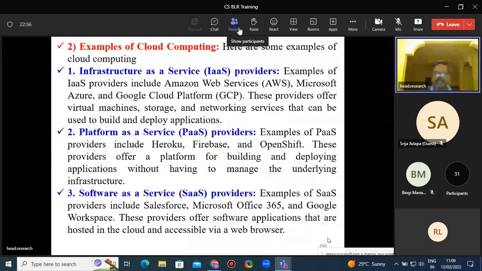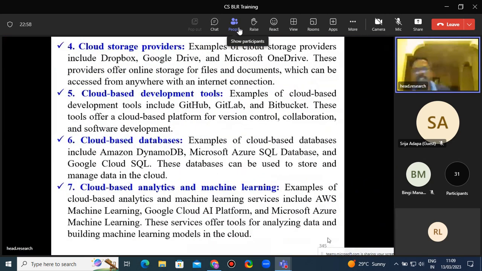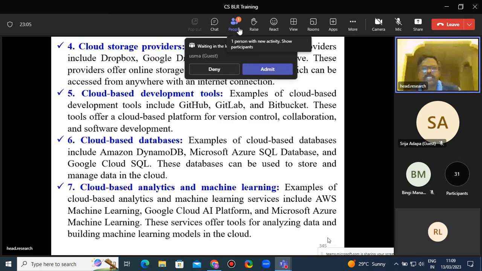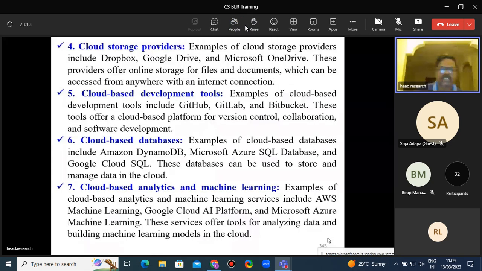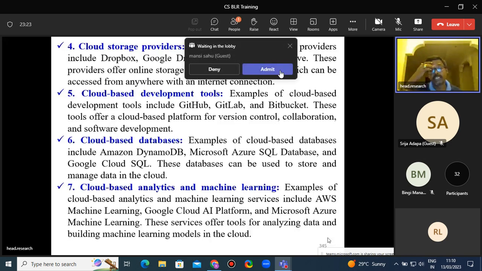Then you can call it as cloud storage providers. Examples of cloud storage providers include Dropbox, Google Drive, and Microsoft OneDrive. These providers offer online storage for files and documents which can be accessed from anywhere with an internet connection. Then cloud-based development tools. Examples of cloud-based development tools include GitHub, GitLab, and Bitbucket.